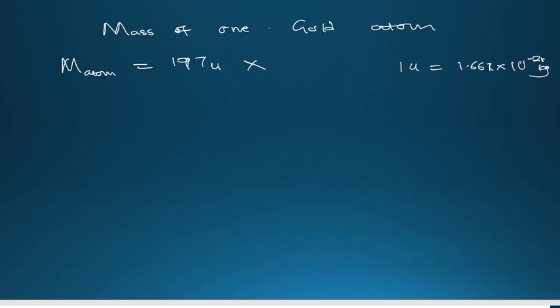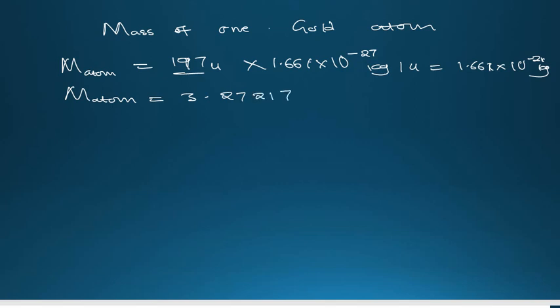So to find the total mass, we're going to multiply these two. The mass of an atom becomes 3.27217 times 10 to the power negative 25 kg.